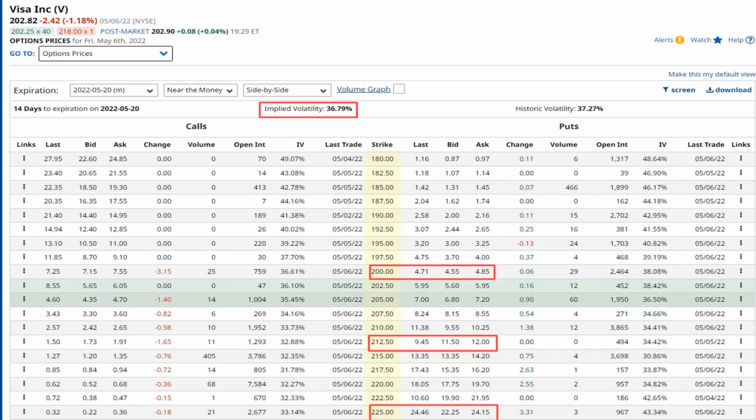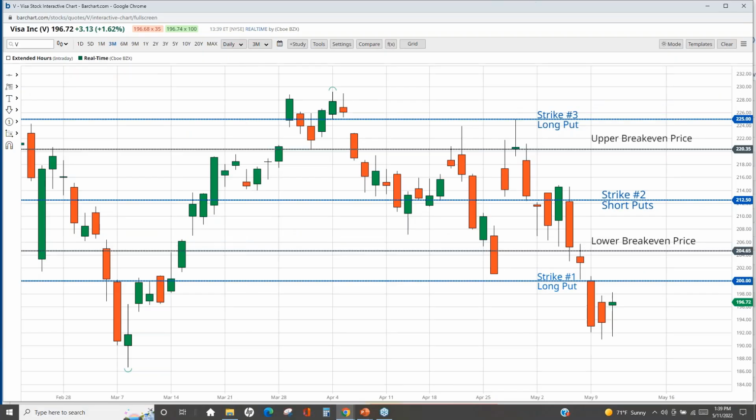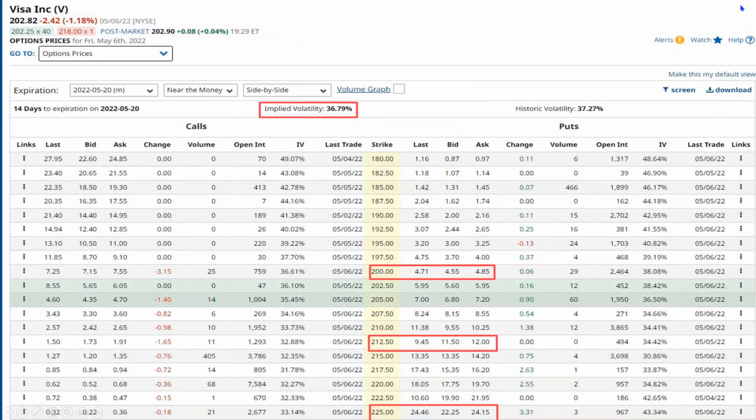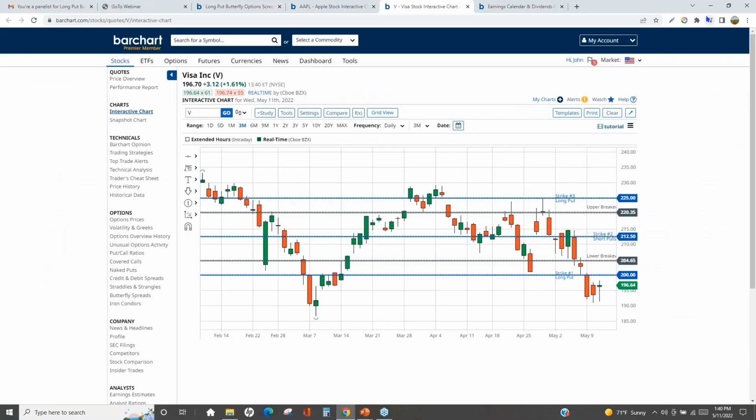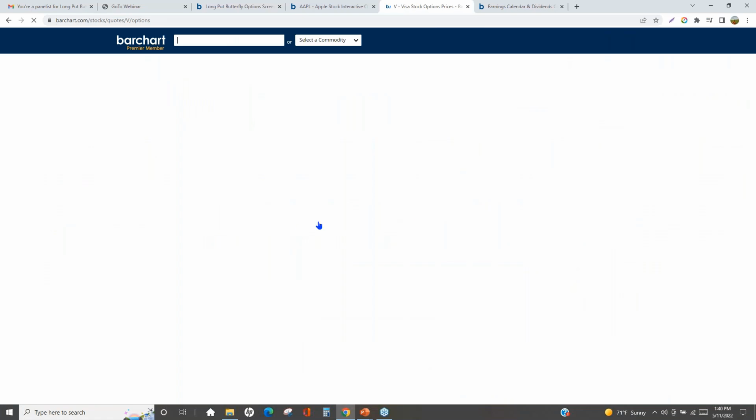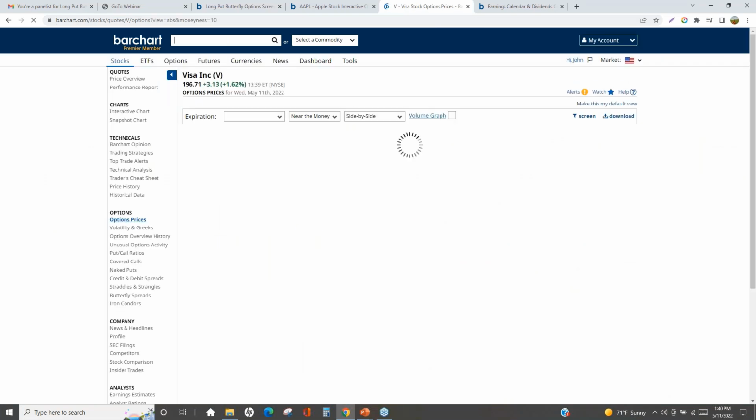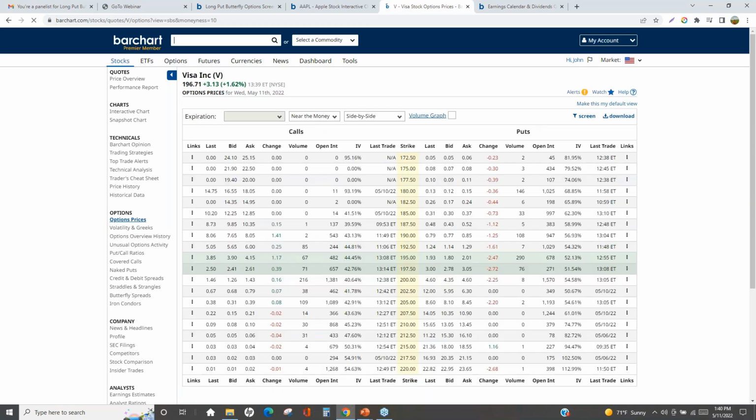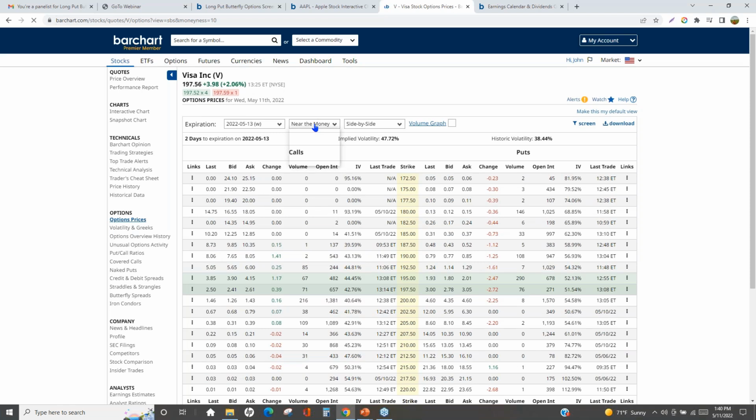Now let's look at what's going on today. We are outside of our wing. We are outside of current price. So if we go back to current options prices today, I need to add a couple strikes here.